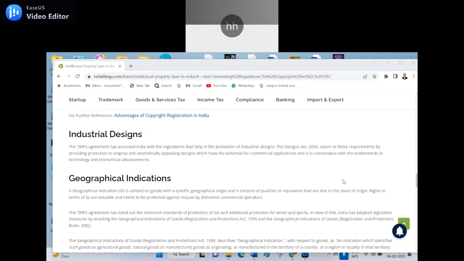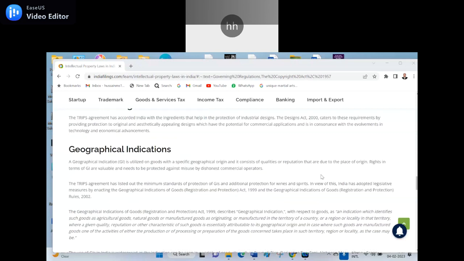And geographical indication is a very important factor. Can you give me two or three examples of geographical indications in India? Kanpuri chappal, Rasagulla. Don't say West Bengal.